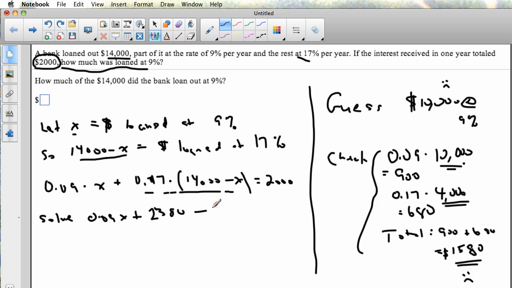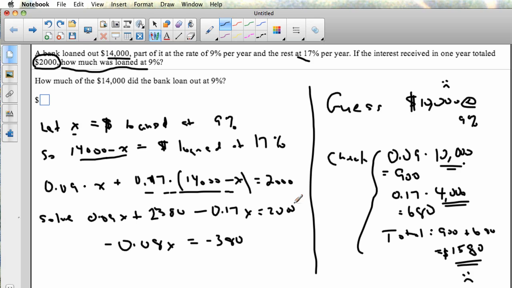And of course, 0.17 times minus x is just minus 0.17x. So I'll combine these two terms that have x's in them: 0.09 minus 0.17 is negative 0.08x. And over here I'll have 2,000 minus 2,380, so negative 380, when I put my non-x terms on the other side.